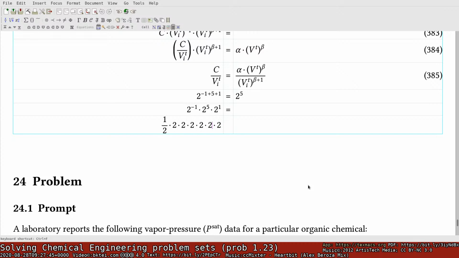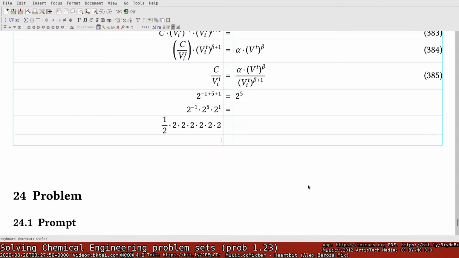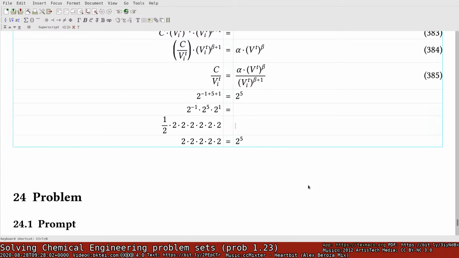And yeah, there's 5 2's, and the half cancels out the 2 on the far right, and you're left with 2 to the 5th. Yeah, so that works.